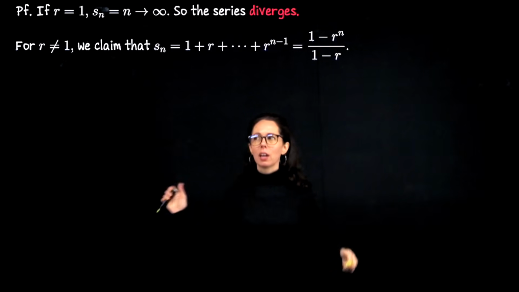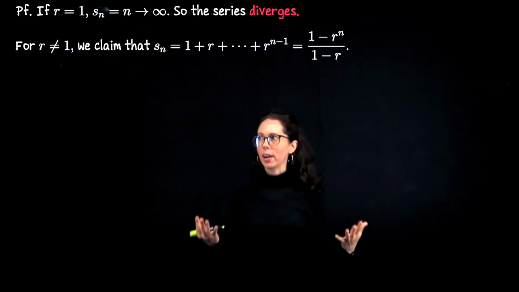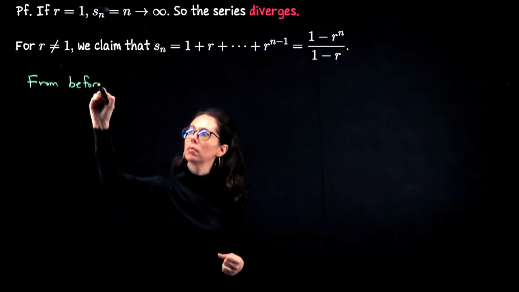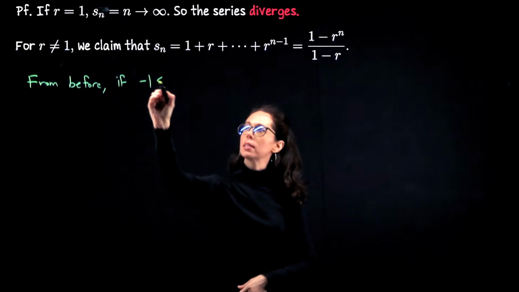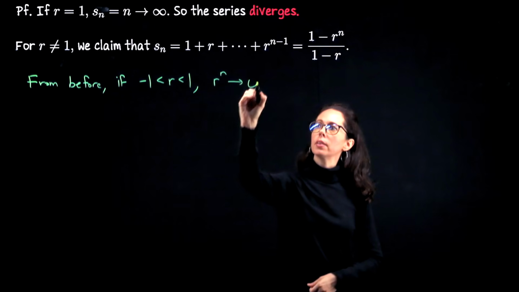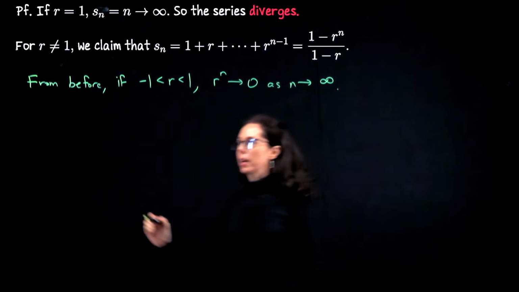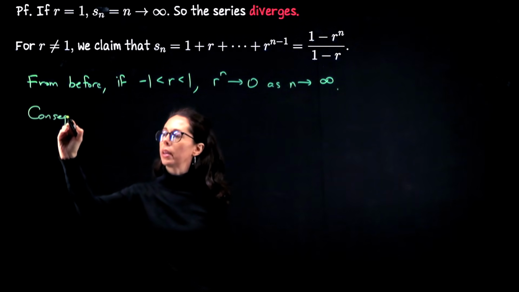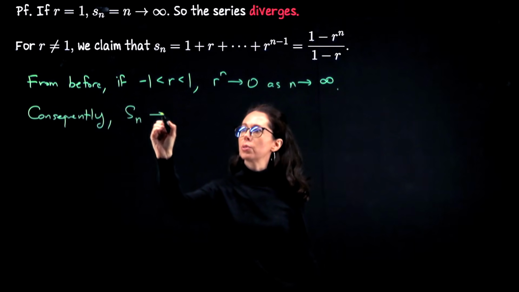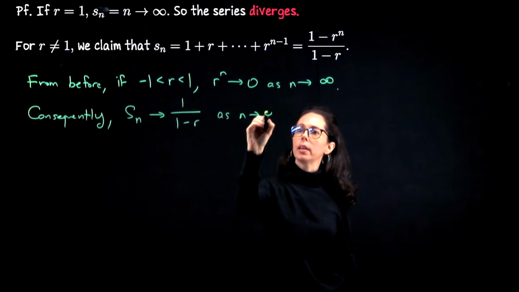To wrap this up, a few different times we've talked about what happens to numbers between -1 and 1 when they are exponentiated. So let me just say from before, if -1 is less than r is less than 1, r to the n goes to 0 as n goes to infinity, which is good because we can say that consequently S_n goes to 1 over 1 minus r as n goes to infinity.